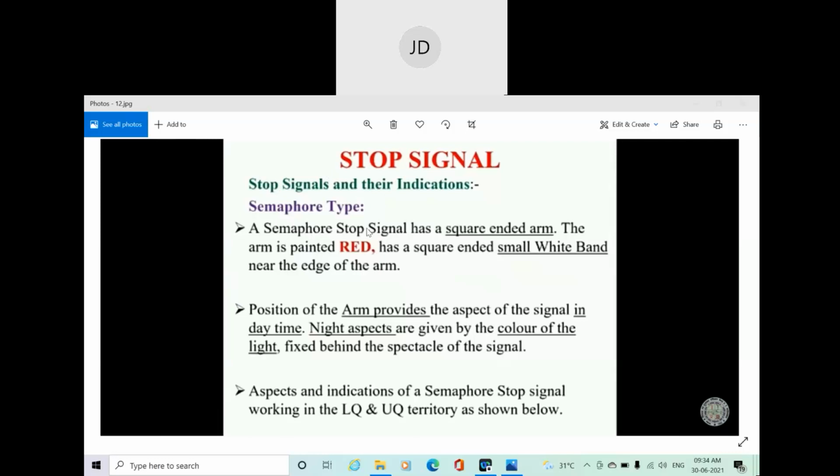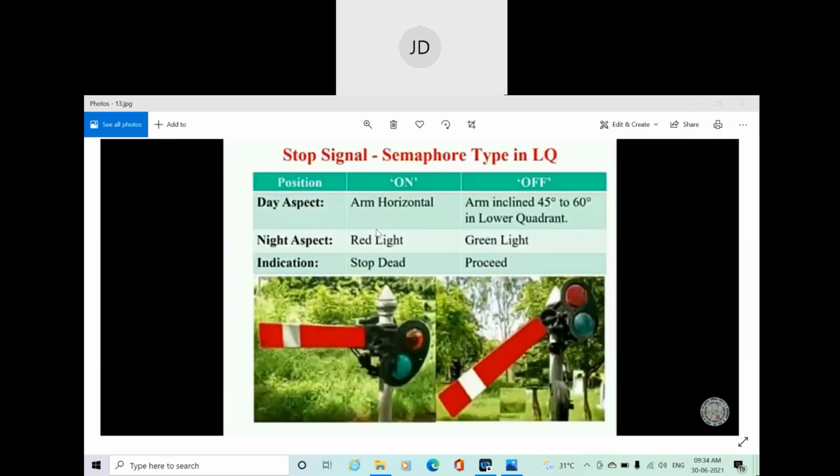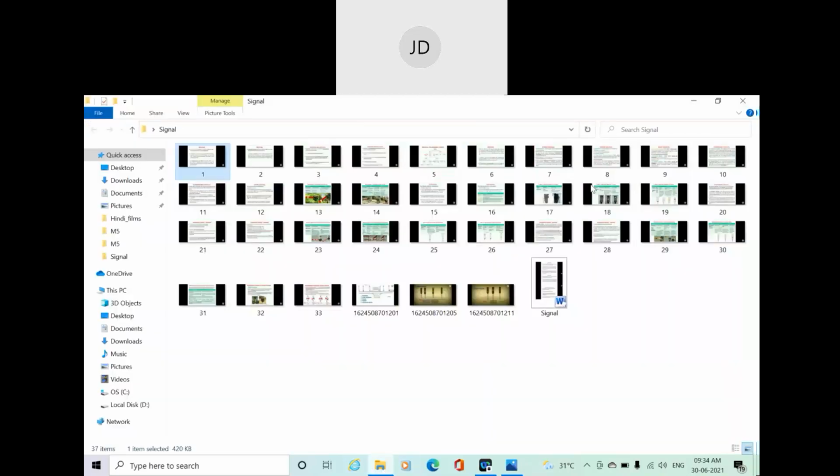Under semaphore type, I'll show you one diagram here. You can see, right? So it is a kind of a post.